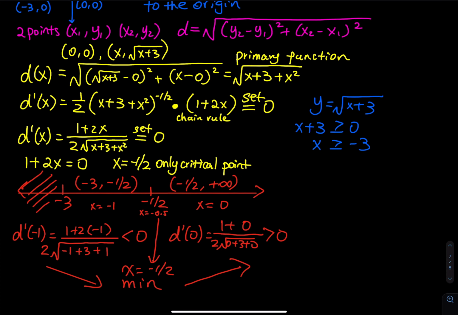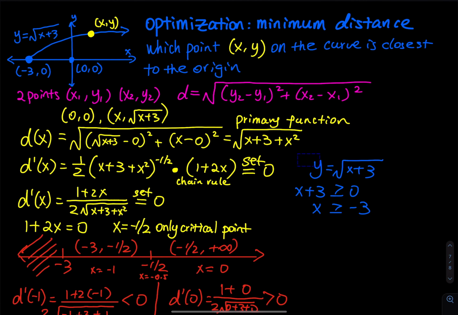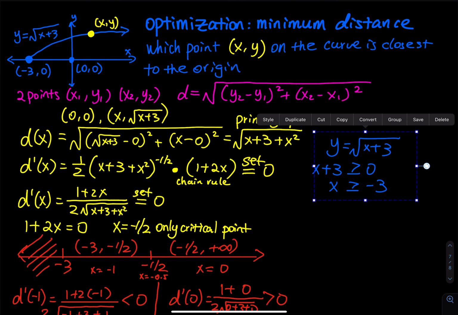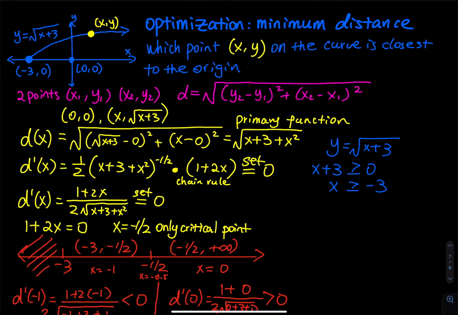So what is your conclusion? Let's draw a conclusion. To save myself a little bit of space, I'm going to move this up a little bit, and then for the conclusion, let's use a different color. Let's use a green. So the conclusion is I want to let x equals -1/2.